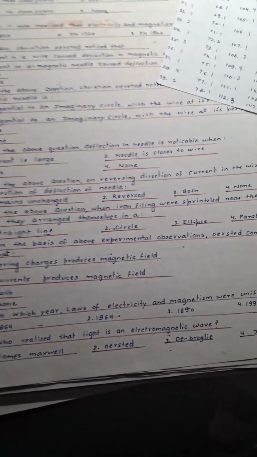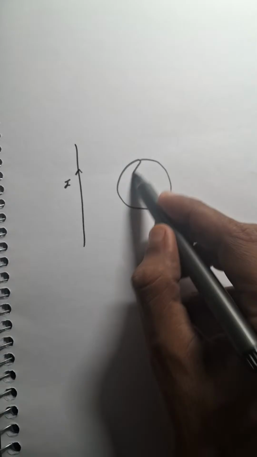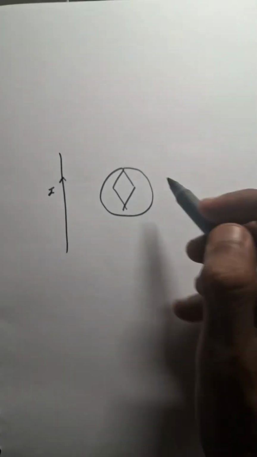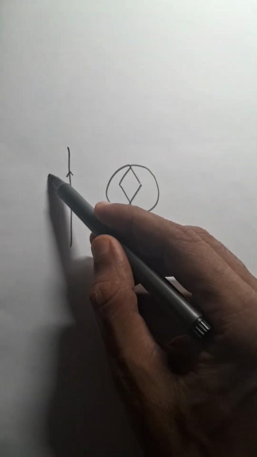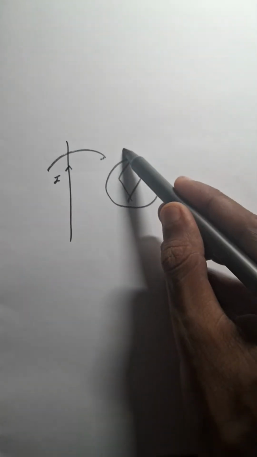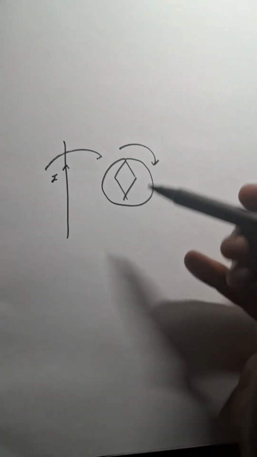Let's discuss the concept. There was a current carrying wire and there was a magnetic needle like this. So Ørsted noted that when there was a current in the wire, this magnetic needle got deflected.